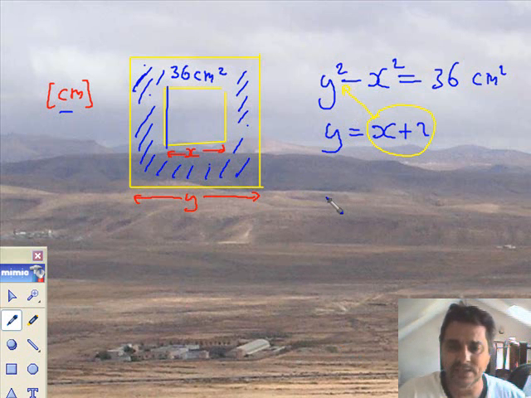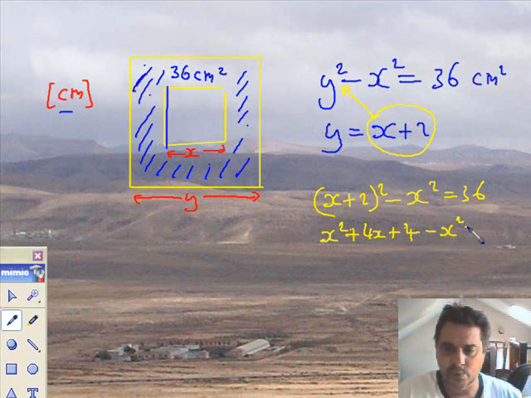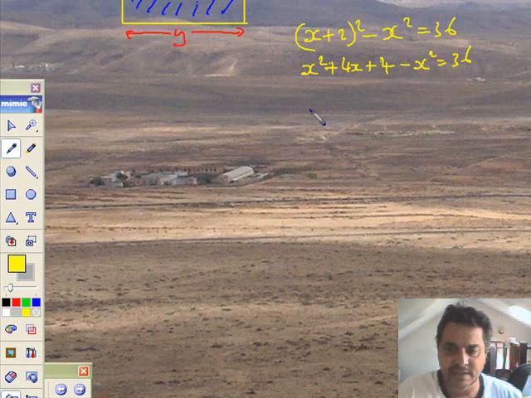So y squared, which means x plus 2 squared, then take away x squared, comes to 36. Multiply this out, gives me x squared plus 2x plus 2x plus 4, 2 2s are 4, and then minus x squared comes to 36.